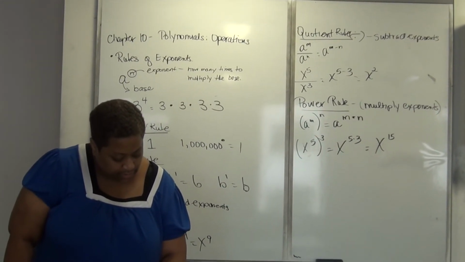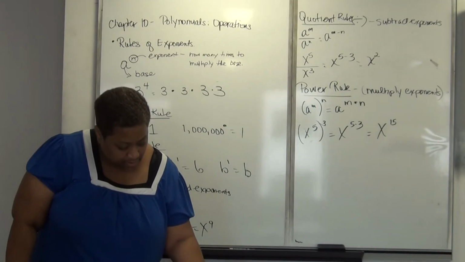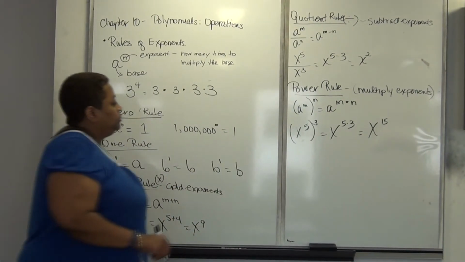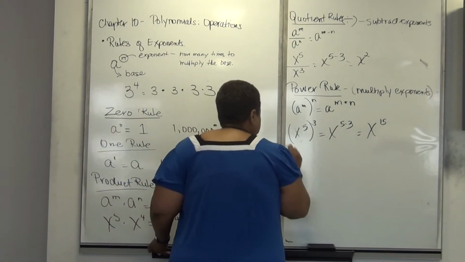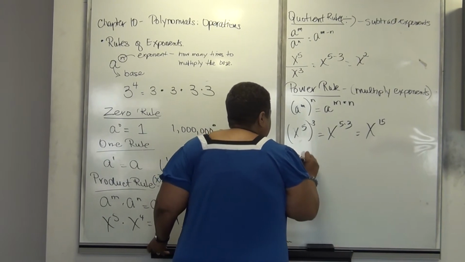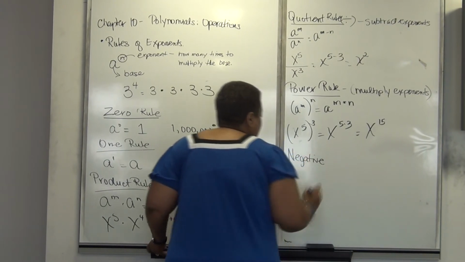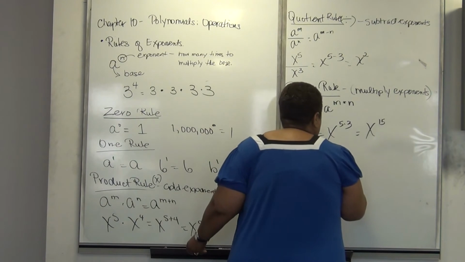Okay, let's see. All right, now, next rule is called the negative exponent rule.